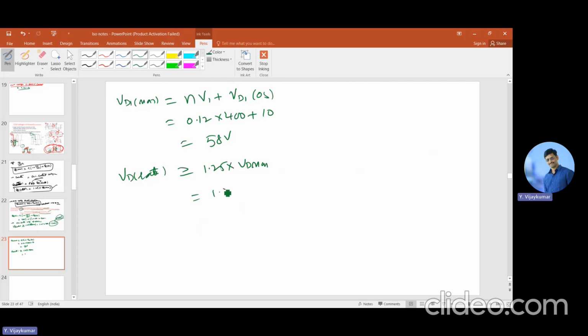So it is 1.25 times 58, which would be 72.5 volts. Approximately you can make it around 80 volts, the nearest value you have to choose for the appropriate diode when it's derated. Okay, so this is what we have. That is the problem.